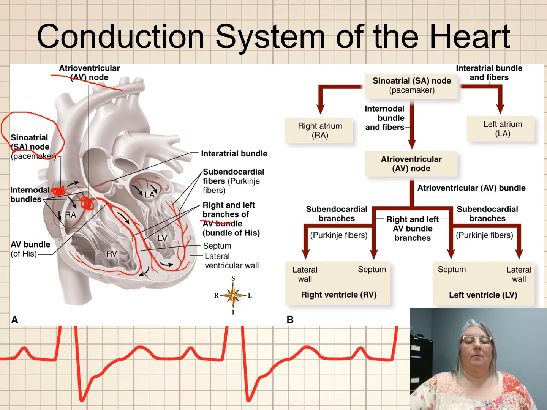Okay. It's here too. And see how it's right here. This part of the heart. And your Purkinje fibers, they are the ones that are out here. See, they're little tiny fibers.